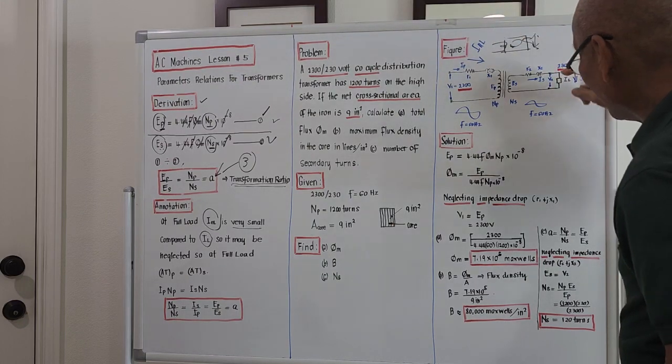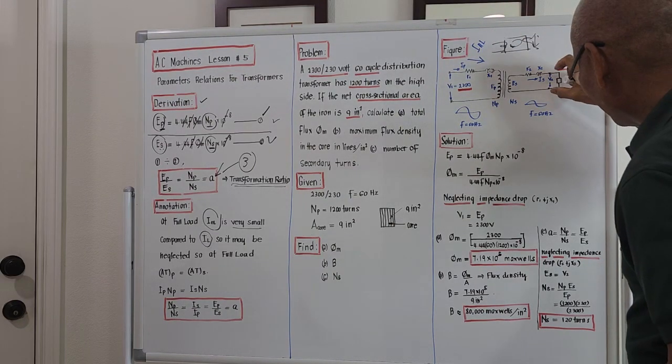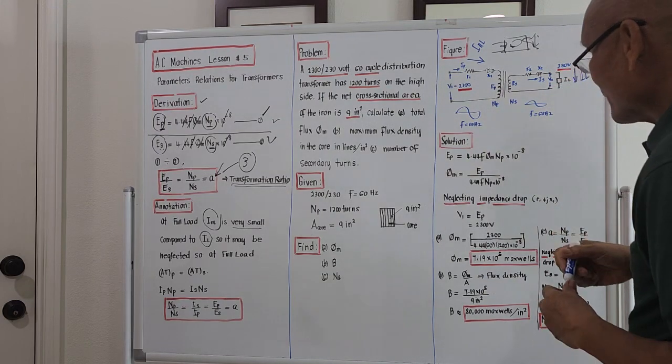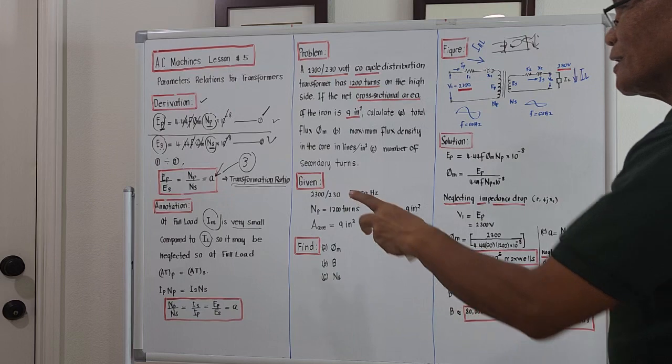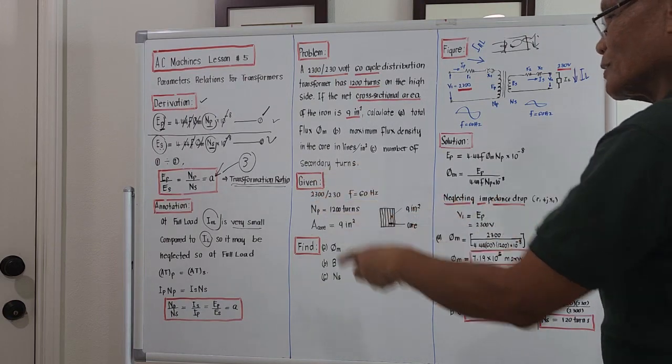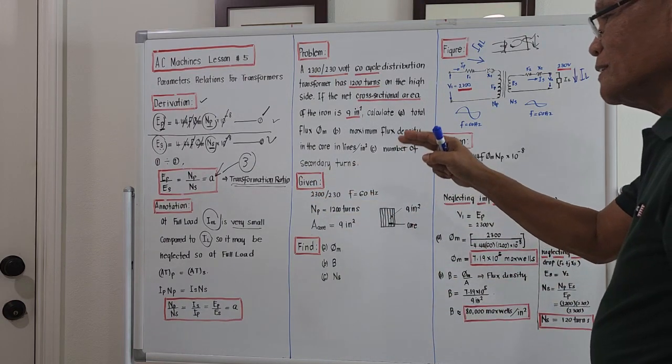Okay, no load meaning no load connected yet, right? So it's disconnected. So I place it there at full load. The no load current is very small compared to the load current, so it may be neglected.